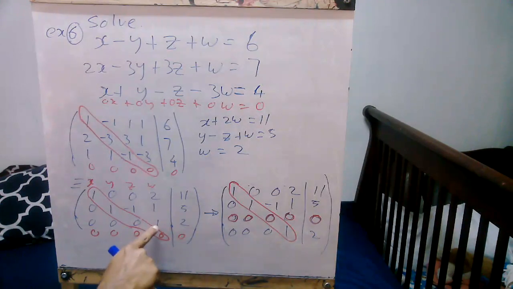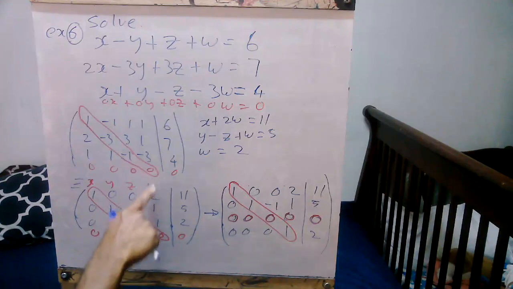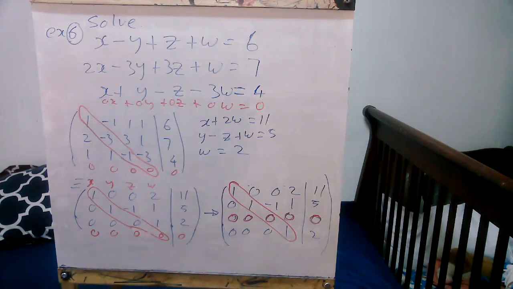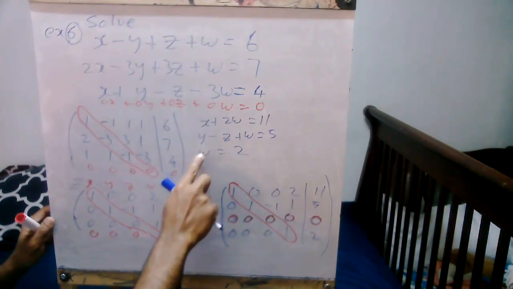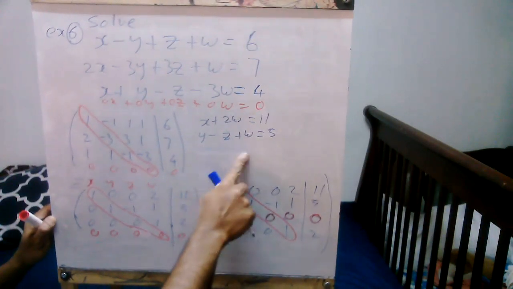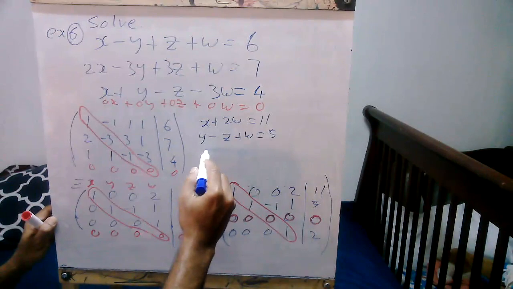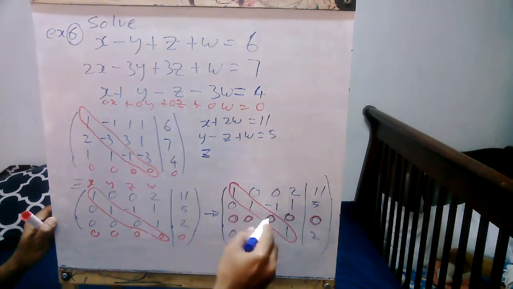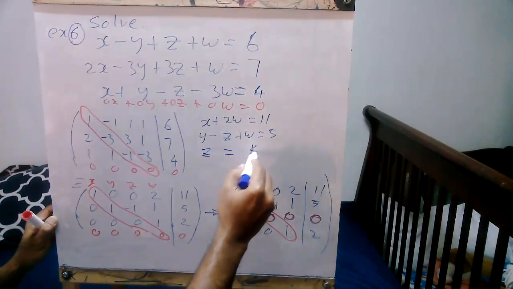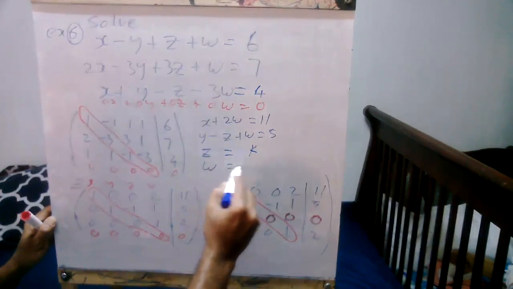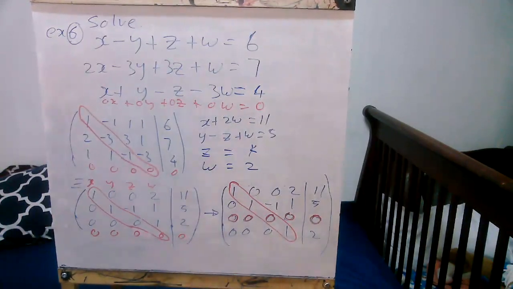In w we have only 1, everything else 0, so we get the straight answer w equals 2, right? So 3xy, before I write, you don't have to do that. Since we are missing z, we assign a constant k here, and w is 2, right?